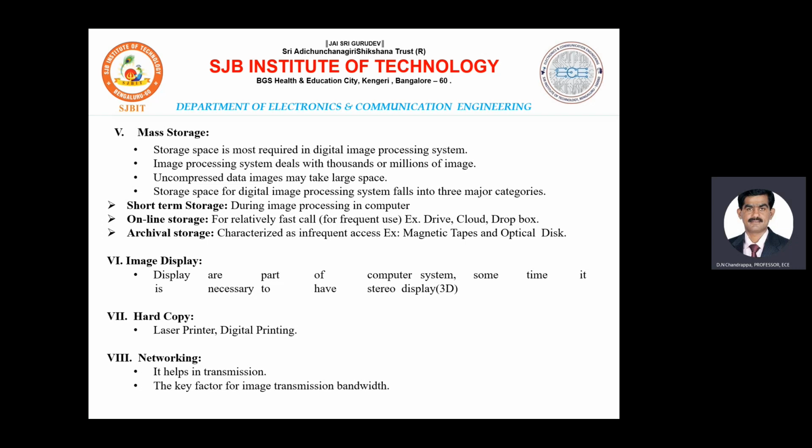And now we'll come to the fifth component, mass storage. Storage space is the most required in a digital image processing system. It is very essential. An image processing system deals with thousands or millions of images, which have to be stored as uncompressed image data and may take large space. Storage space for a digital image processing system falls into 3 major categories: short-term storage, online storage, and archive storage.